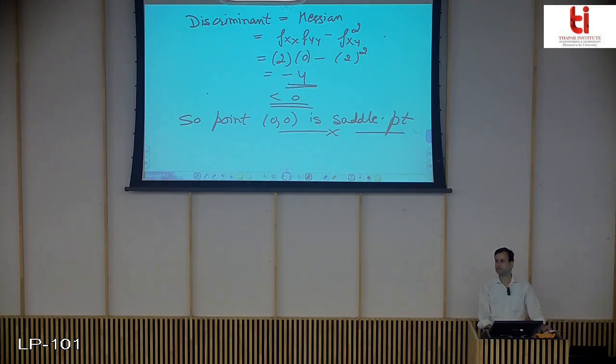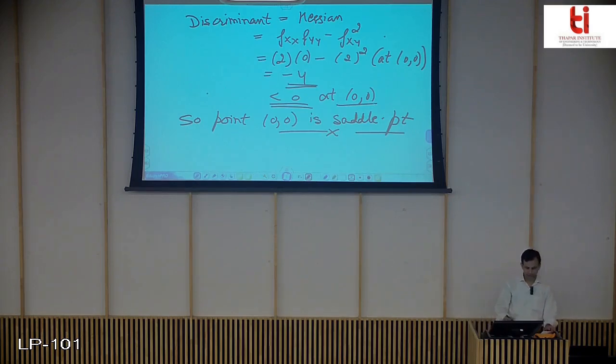When we switch to second order partial derivatives, we find the discriminant at the given point, here at (0, 0), because these are the points where we must look for the value of the discriminant. The discriminant is less than 0 at (0, 0), so this is a saddle point, and there is no scope of maxima or minima.